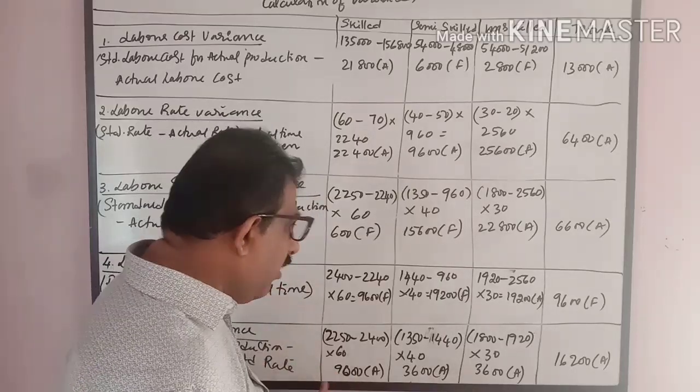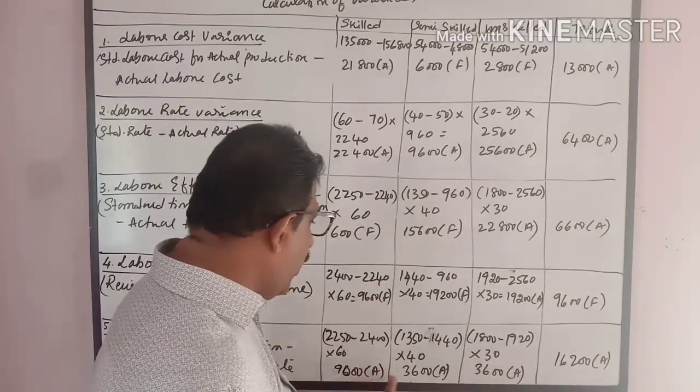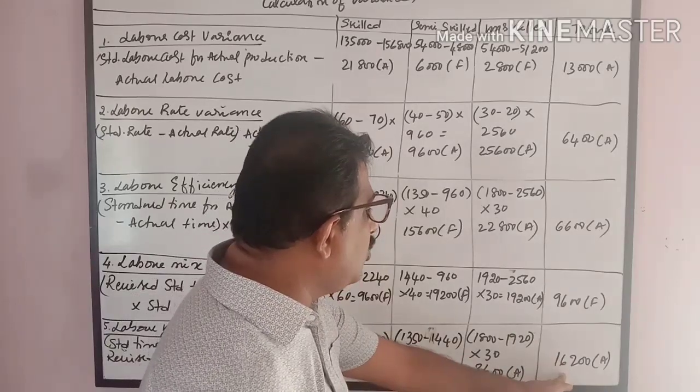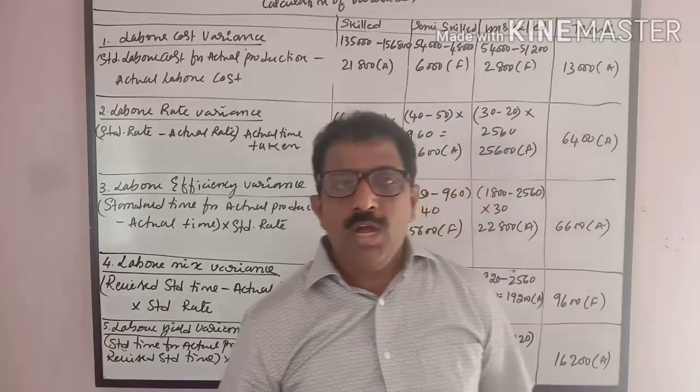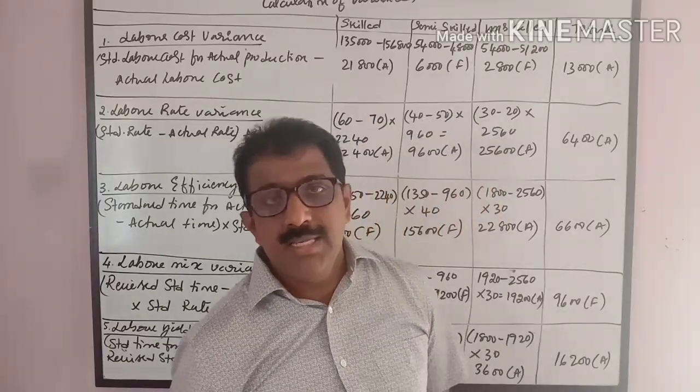All the values are adverse, and when you add them up we get 16,200 adverse. So this is how we have to work out labor variances.